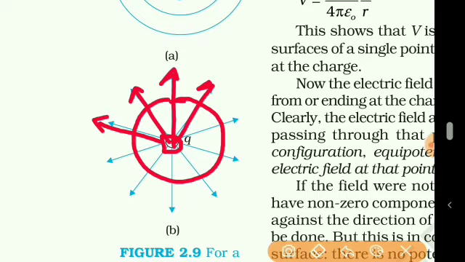You can see that on such an equipotential surface at any point, the electric field is always normal to the surface. Here the surface is spherical, so you can easily find that at that point the electric field is normal to the surface, but this is applicable to any kind of equipotential surface.